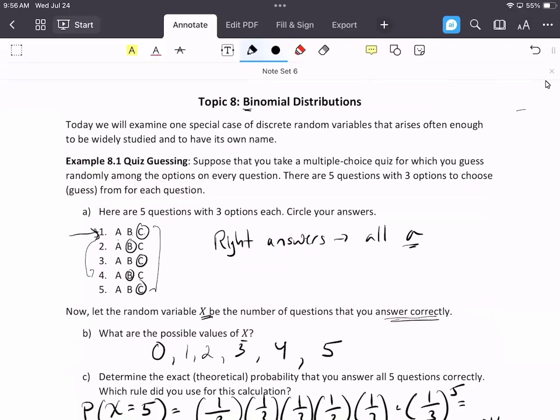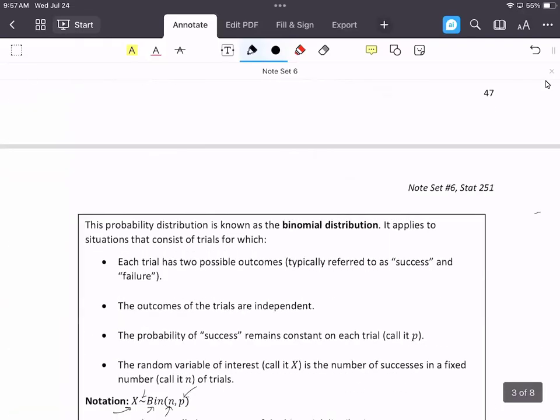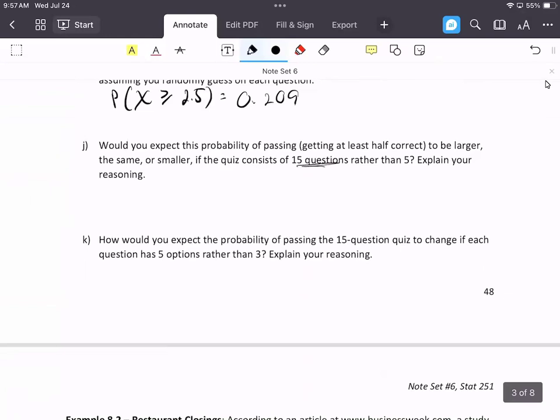Is it more likely that I can tell that you're just guessing, or less likely? The more trials you have, the more likely it would be to see that you're just guessing. So if I can more likely see that you're guessing, the probability of passing is going to be smaller. It's going to go down.